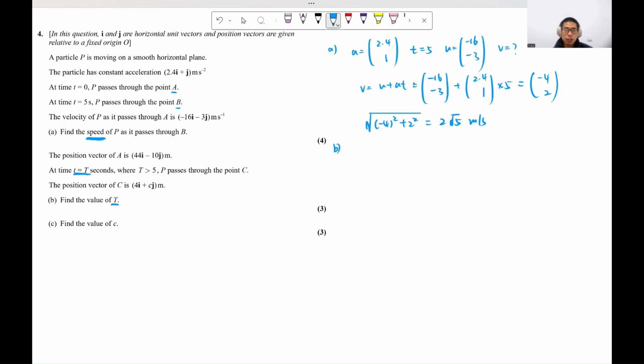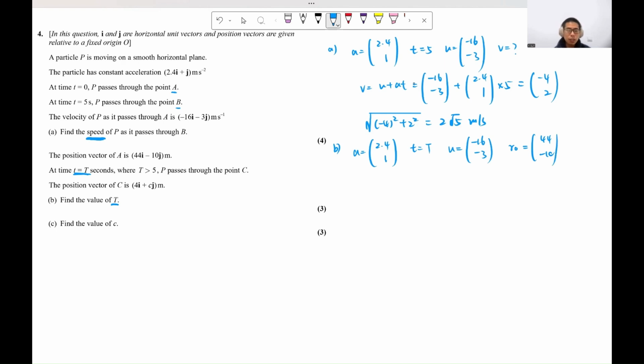Again, it is constant acceleration, so a is 2.4, 1. Time is capital T seconds, that's what we try to find. If we let point A be our starting point, that means the initial velocity u is -6 and -3. And this time we know the position vector. So the initial position, let's call it r0, is 44, -10.